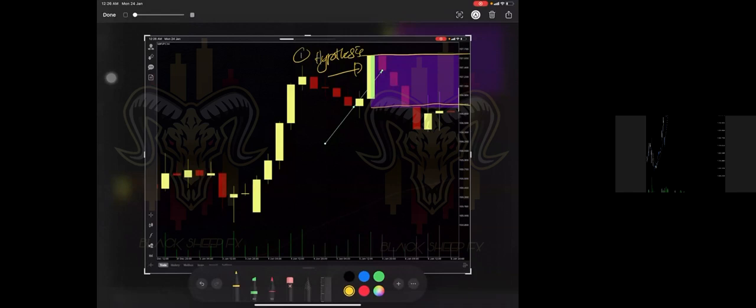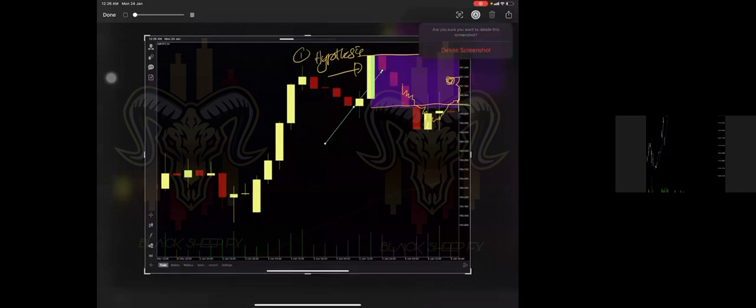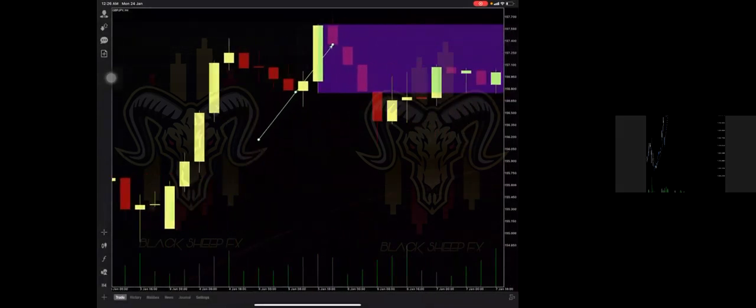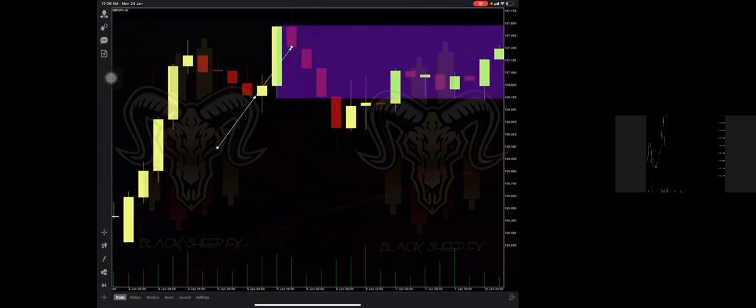Sideways. Price came out. Did it do any sideways? It came back in, correct? It didn't do any sideways. Where's the sideways? No sideways.